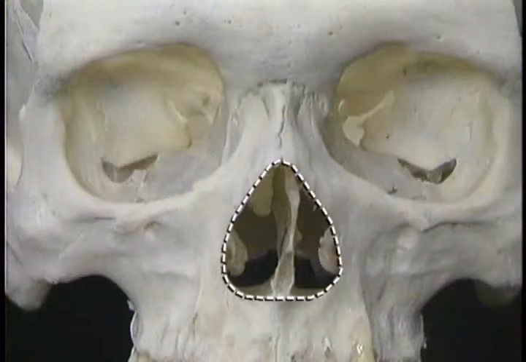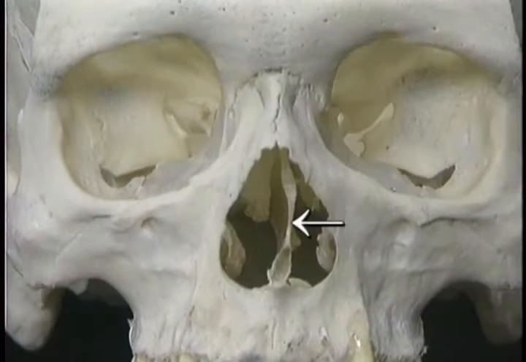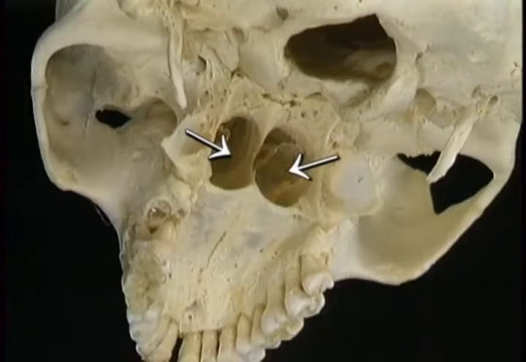Now, let's review what we've seen of the bony structures that surround the upper part of the air passage. Here's the piriform aperture and the nasal septum. Here are the posterior nares, or choanae.